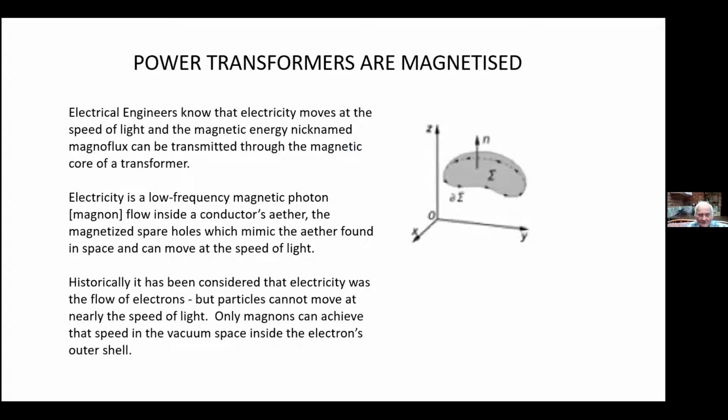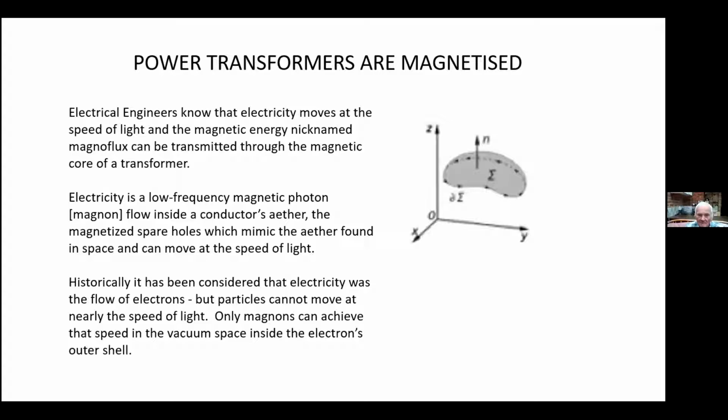So how does this affect power transformers? Electric engineers know that electricity moves at around about the speed of light, and that the magnetic energy, nicknamed Magnoflux, can be transmitted through the magnetic core of a transformer. Electricity is a low-frequency magnetic photon, or magnon, flow inside a conductor's ether.